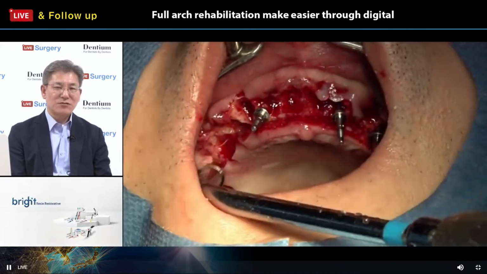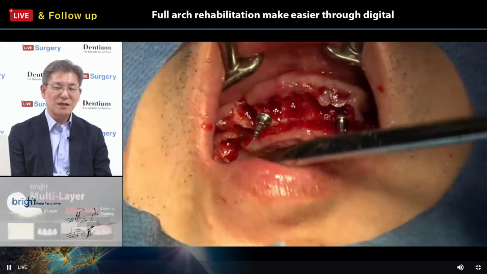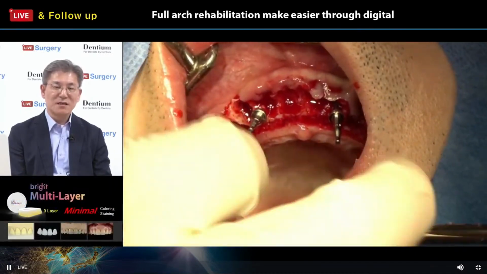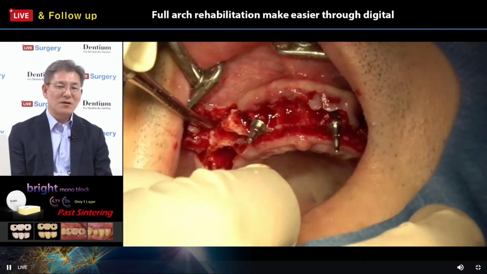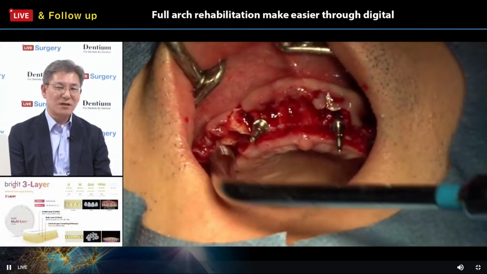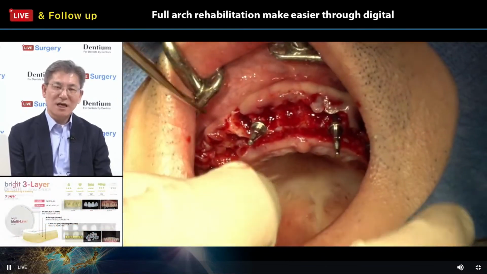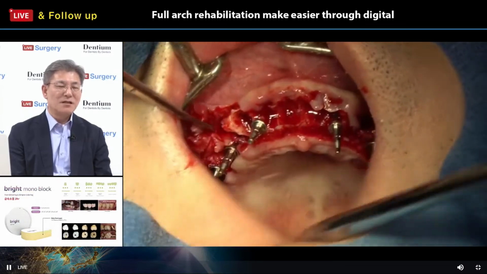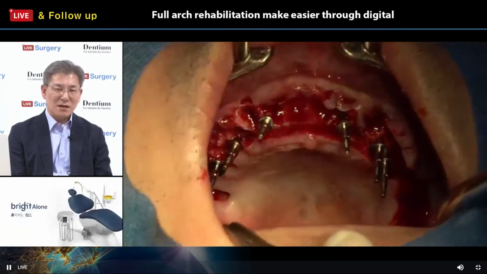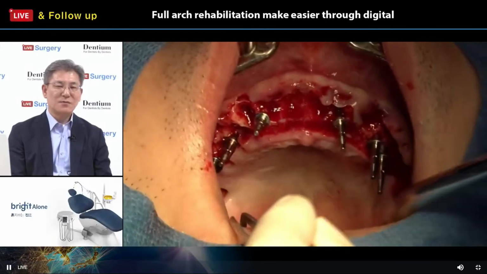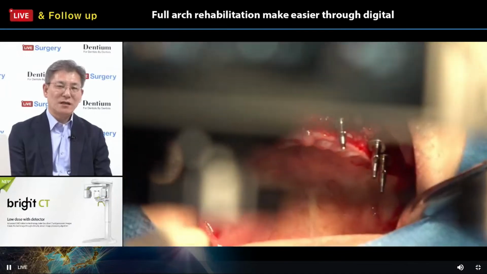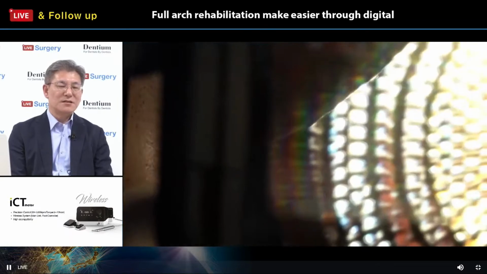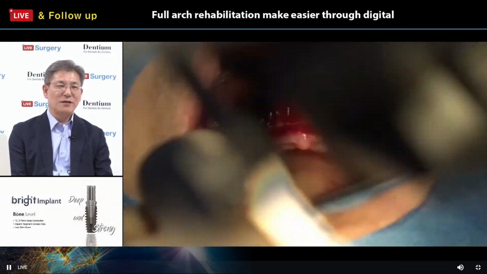First, the number 12 tooth is already infected by periodontal disease, chronic periodontitis. Another problem is that we need more bone grafting. And if we cannot get enough initial stability, the prosthetic procedure should be delayed. So the 12, 13 area is much better for strategic positioning.